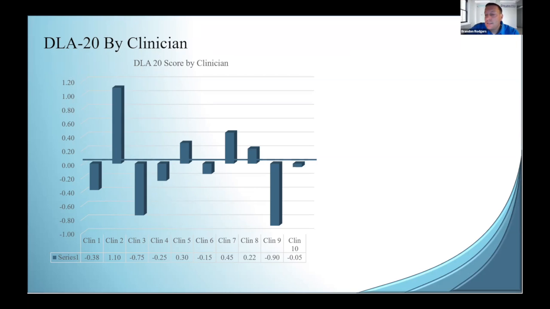So yeah, well, that's a good question, Teresa, because this is a hard graph to read, and I tried to make this better. And this is the best representation I came up with. But if you see your 0 line here, which is what the horizontal bolded line is, that's your 0 line. And so anything that's below that in a clinician's column is a negative score, which means that their DLA 20, their functional ability has been assessed to decline.